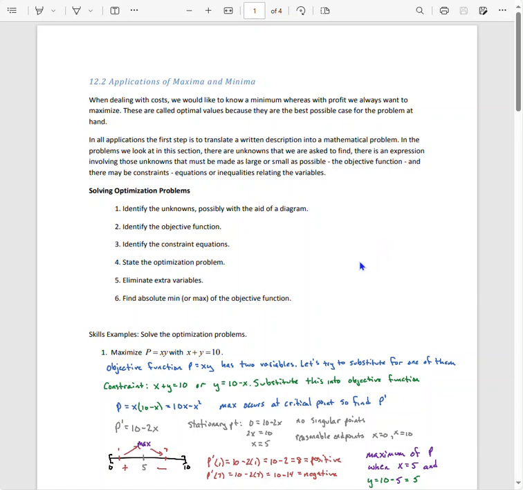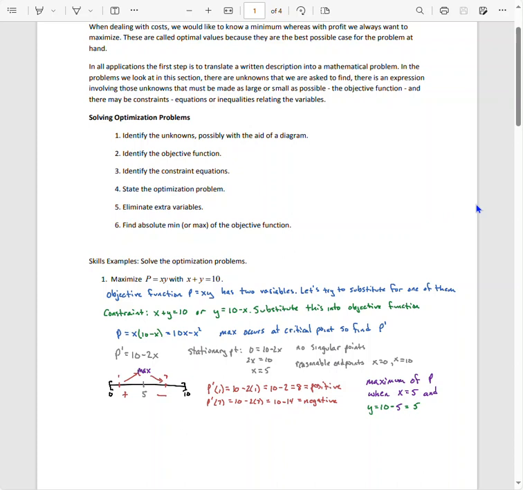In order to solve application problems, or optimization problems, we're going to follow these steps. We're going to identify the unknowns, possibly with the aid of a diagram. A diagram is not always necessary. Identify the objective function. This is the one that will say things like maximum, least, most, minimum, those types of identifiers. Identify the constraint equations.